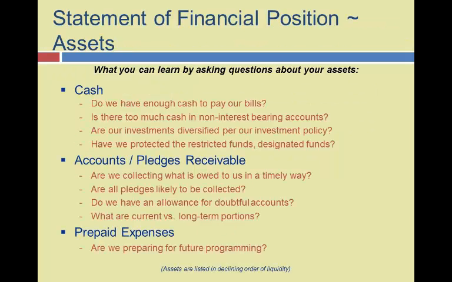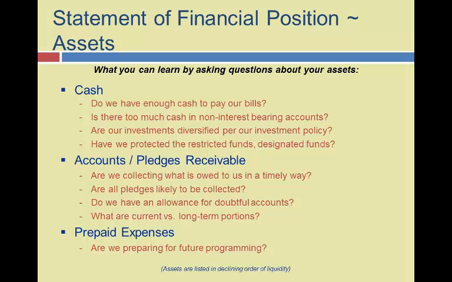So let's take a look at the statement of financial position assets section. What can you learn by asking questions about your assets? Well, assets are listed in declining order of liquidity. So in other words, the most liquid assets are first. So the first thing we usually look at is cash. Do we have enough cash to pay our bills?